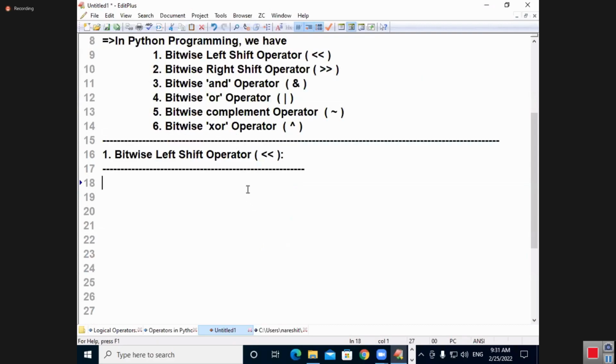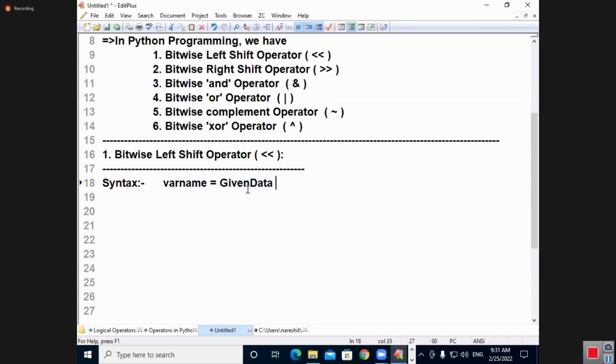So I will take the syntax now. Syntax I am going to give you. What is the syntax here? Variable name is equal to given data. Some data will be given. What data will be given? Integer data will be given definitely.